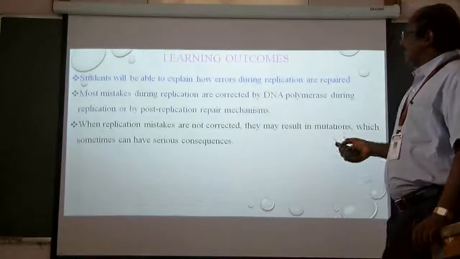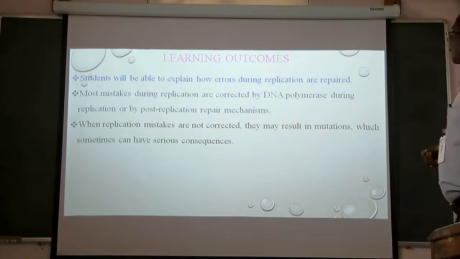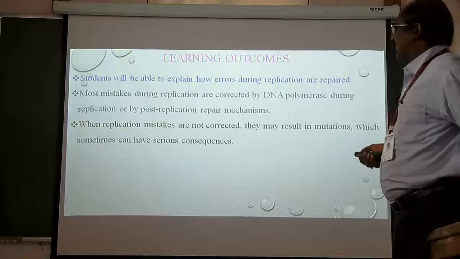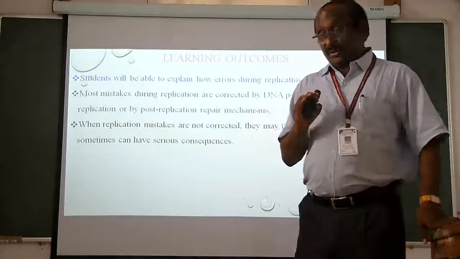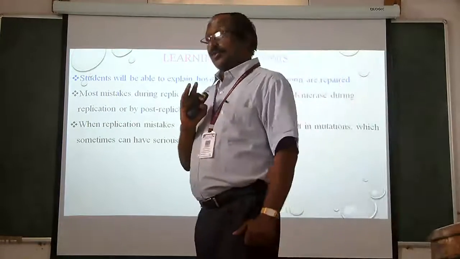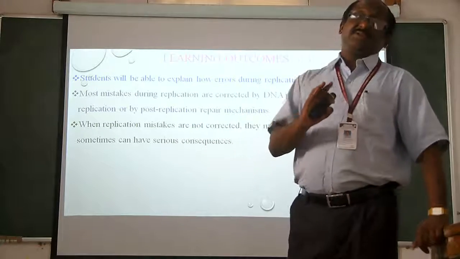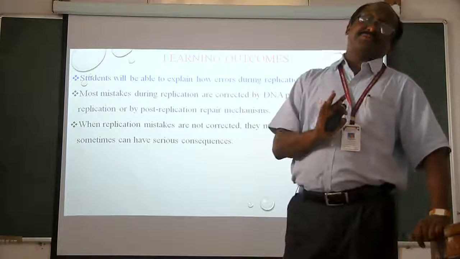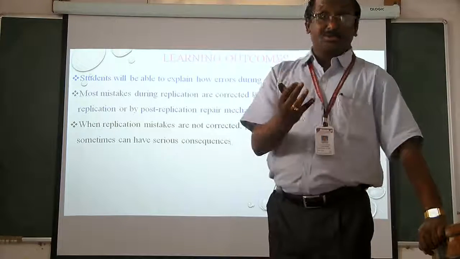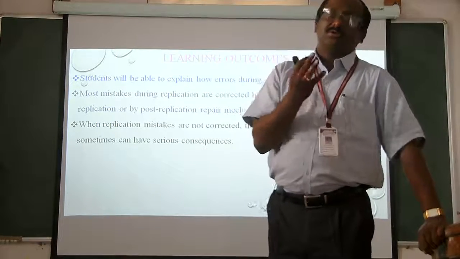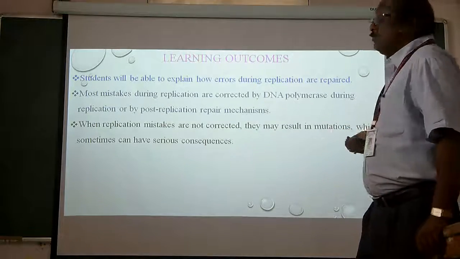So when replication mistakes are not corrected, they may result in mutations which sometimes can have serious consequences. As the DNA replication and repair mechanisms come to an end, a new sequence results in the formation of a mutation.